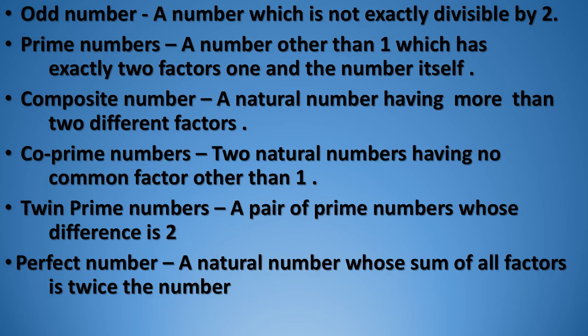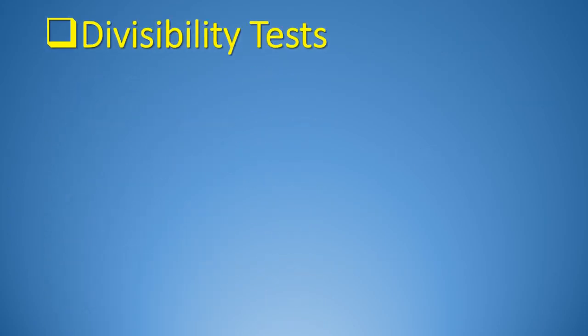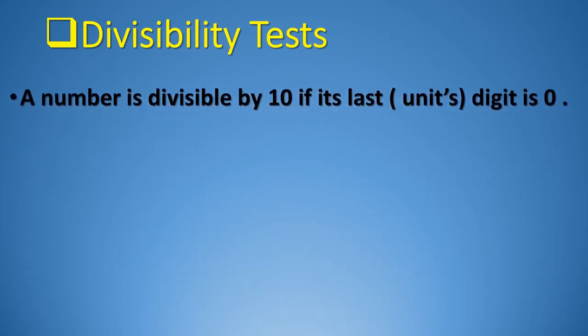After that, we have the divisibility tests. Divisibility rule of 10. A number is divisible by 10 if its last digit, or we can say unit digit or ones place digit, is 0. Divisibility rule of 5.